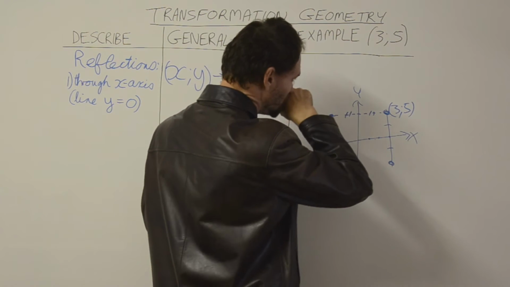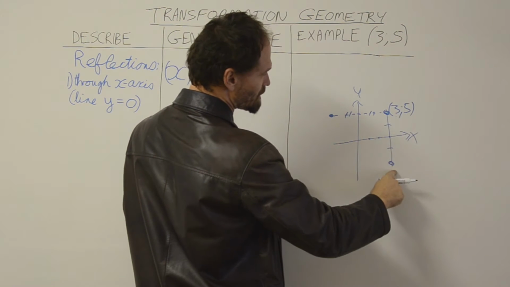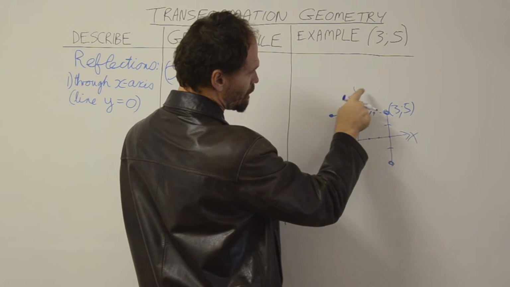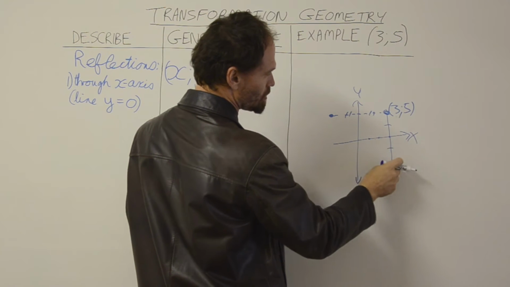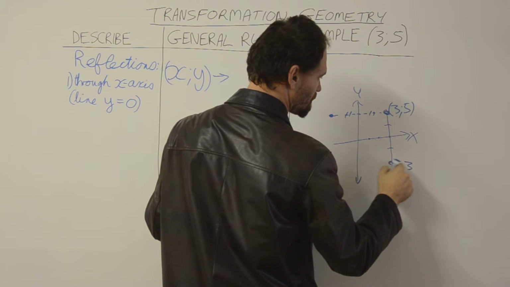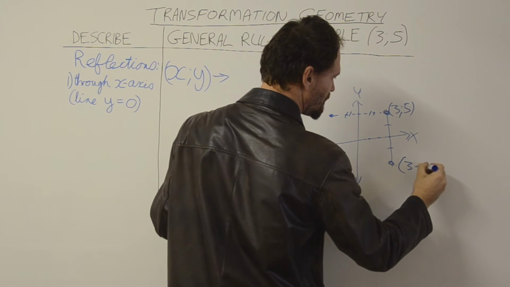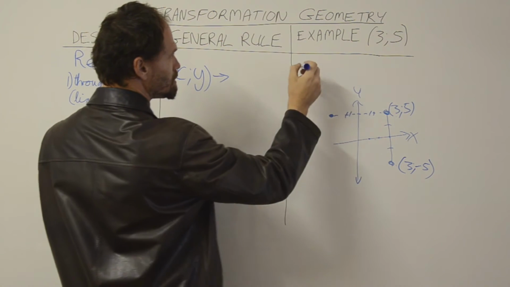My 3, 5 gets reflected through the x-axis, and the y value goes from the positive side to the negative side. So the y value changes sign. It becomes 3 and negative 5. So that's my example.